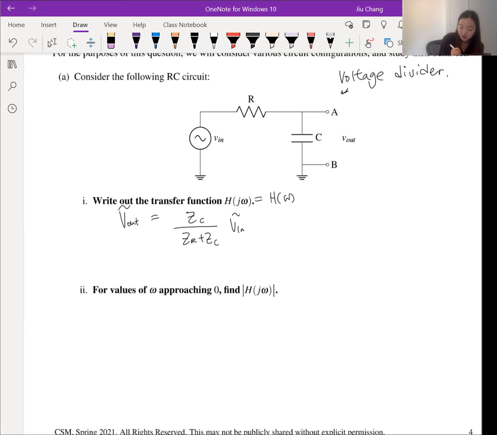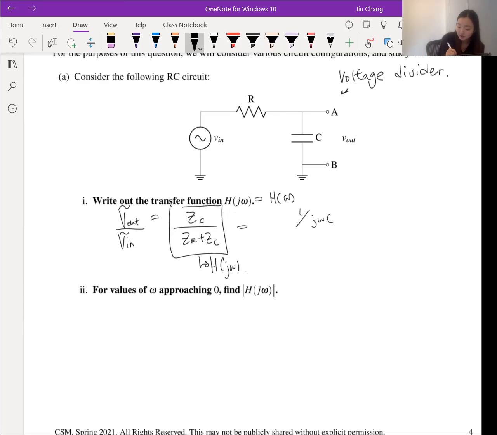Now, if we divide both sides by V input phasor, this part becomes V out over V in, which is equal to H of j omega. Therefore, we just need to solve for this.